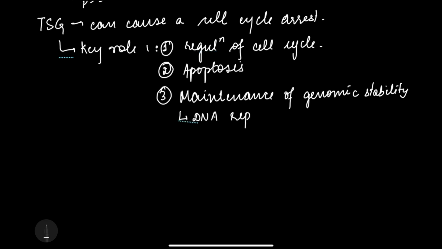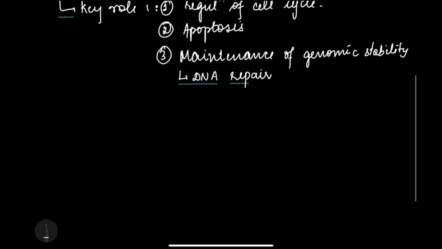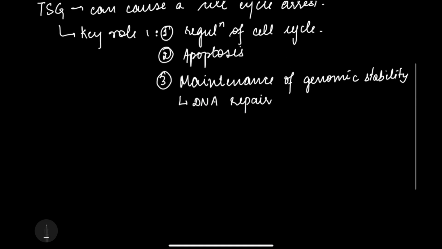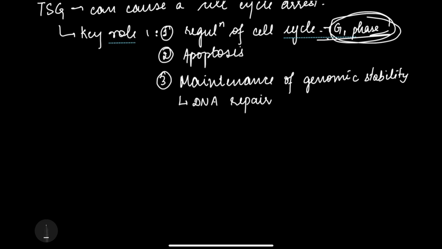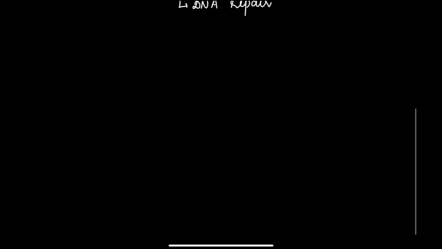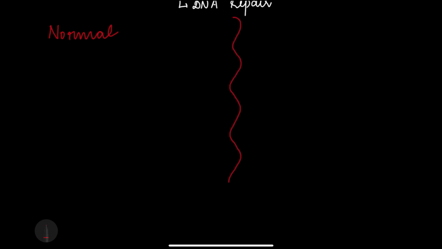So basically it arrests the cell cycle at the G1 phase, right? We'll see how, but I'm telling you that it arrests in the G1 phase, right? So let's see. We'll study two conditions. One is the normal one, and contrary to it we have the stressed condition.